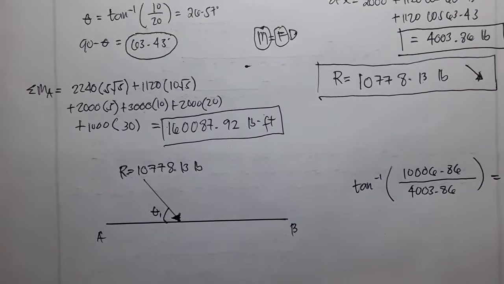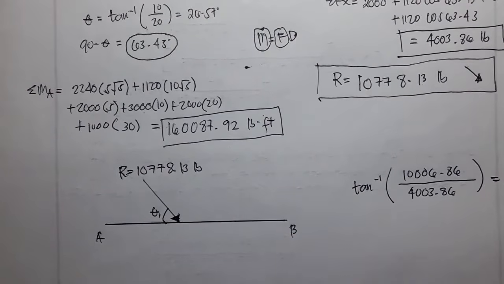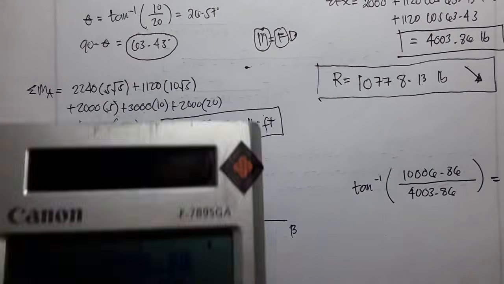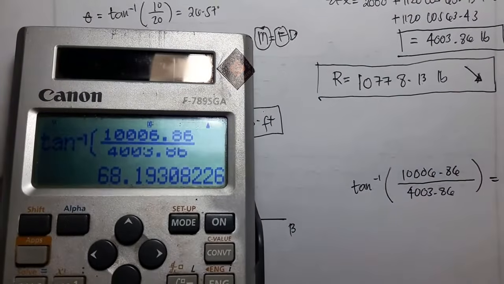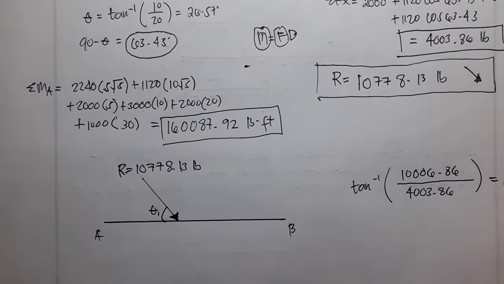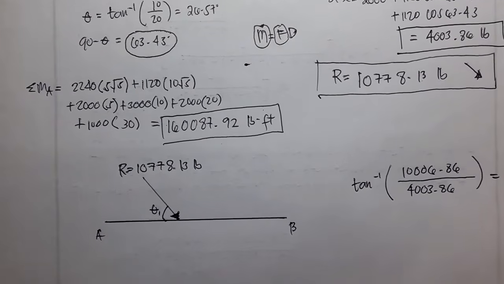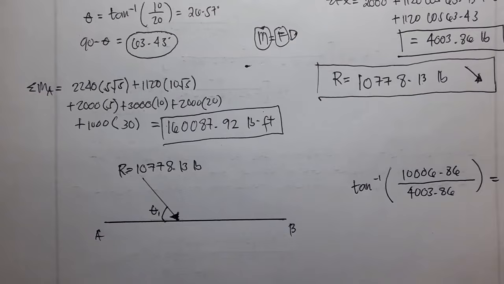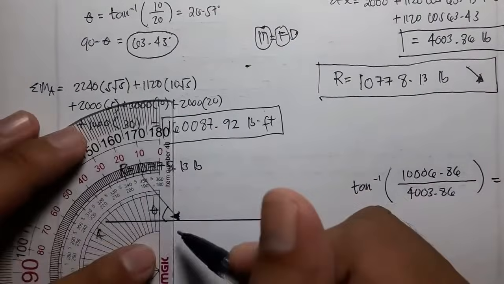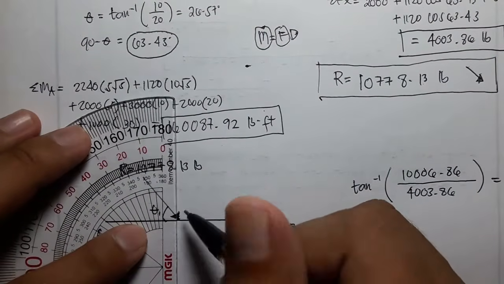So it is 68.19. So the angle, theta 1, is 68.19. So now we can sum up moment, or we can now solve for the distance.